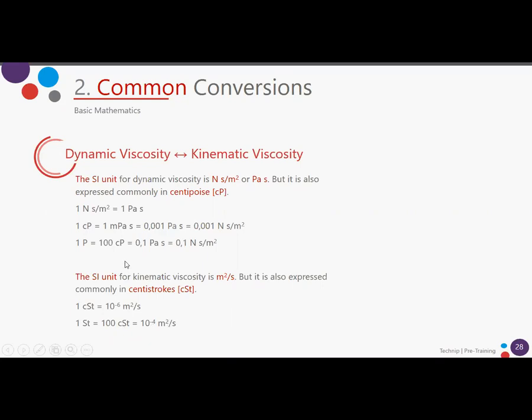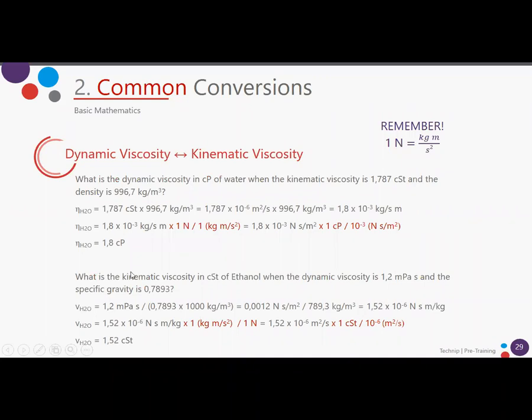Okay, on the next slide, we will see some conversions. And here we have to remember, for the conversion, it's important that 1 Newton is 1 kilogram meter per square second.